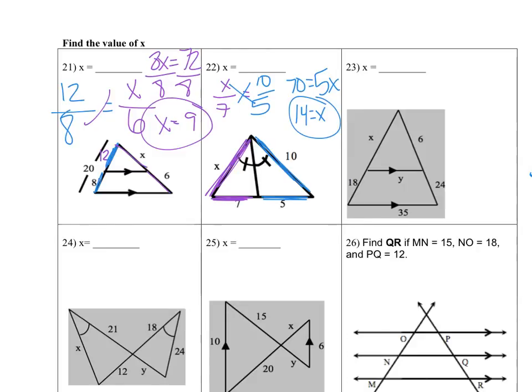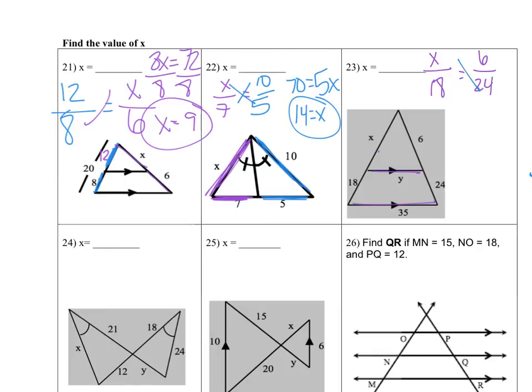23, you have two parallel lines. Okay, that's going to cut your fractions off proportionally. I'm asking to find x. So I'm going to do the part of the left over the bottom part of the left has to equal part of the right over the bottom part of the right. So I'm going to have x divided by 18 equals 6 over 24.